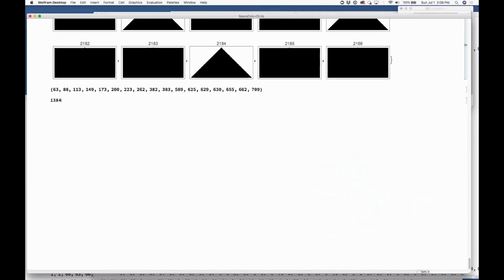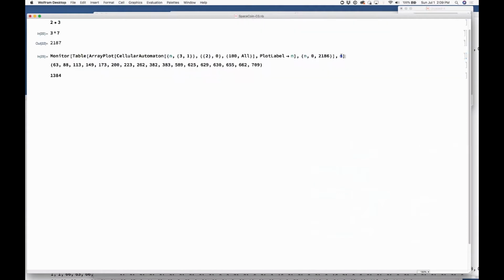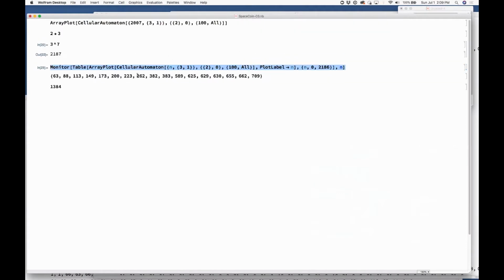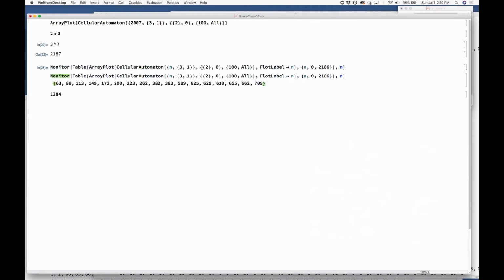Okay, let's take a look here. For all of those, let us run this with those rules, and instead of just 100 steps, let's run them for 1,000 steps.